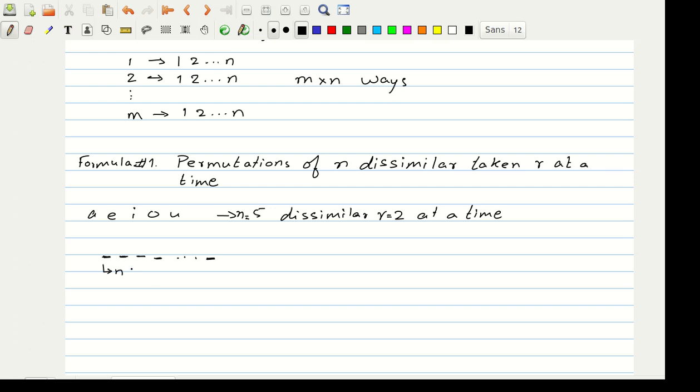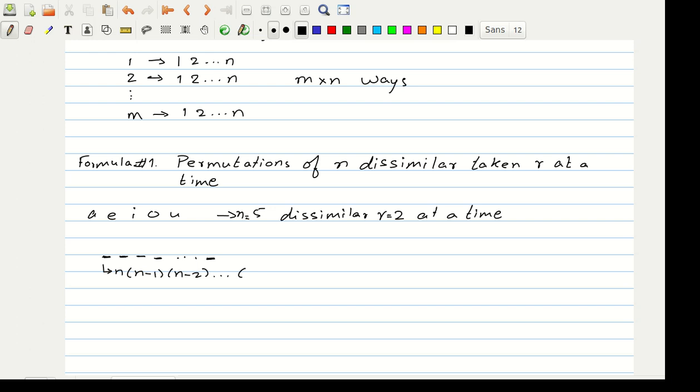What about the second place? Second place we can fill in n minus 1 number of ways, because we have already filled the first place with 1, so there will be only n minus 1 remaining. What about the third place? It will be filled in with only n minus 2 options, and so on.